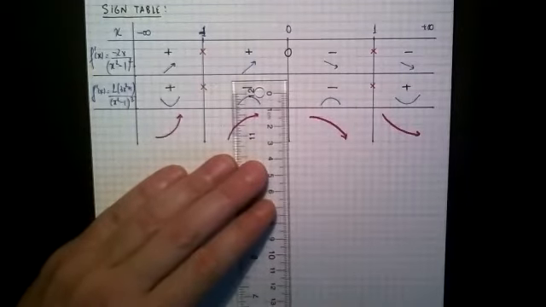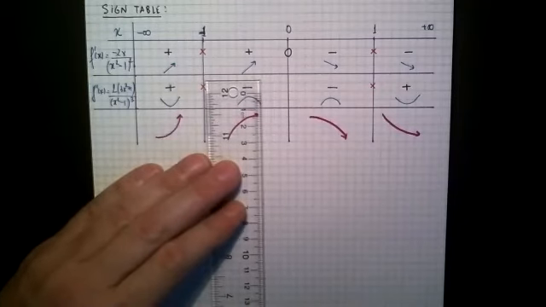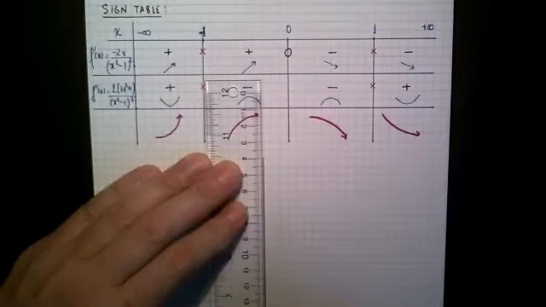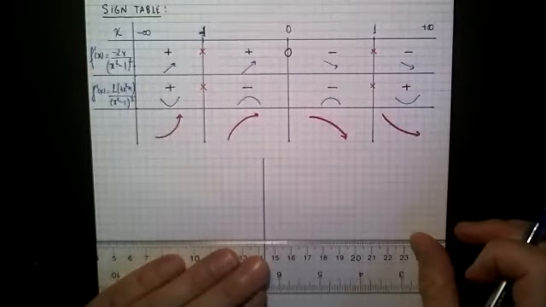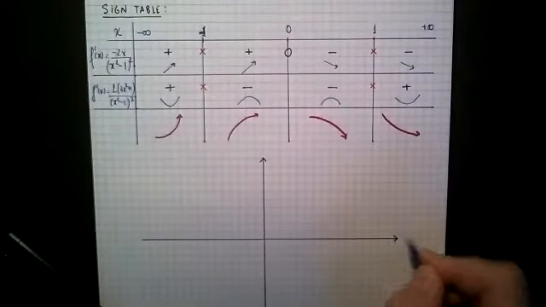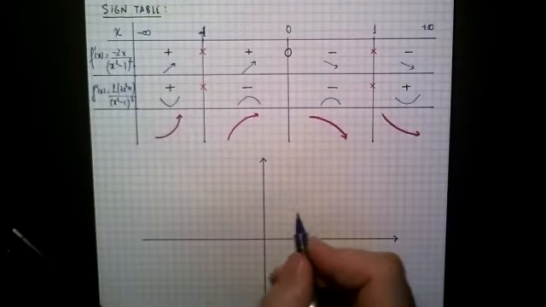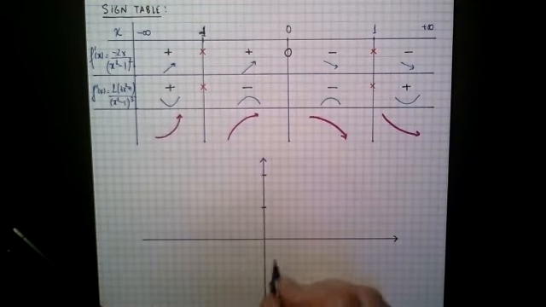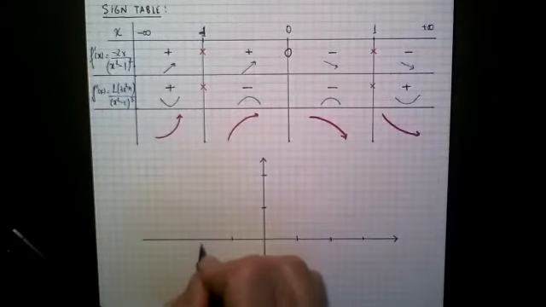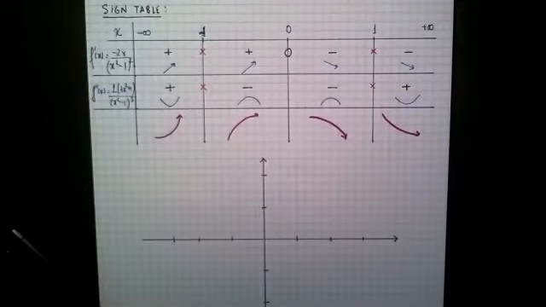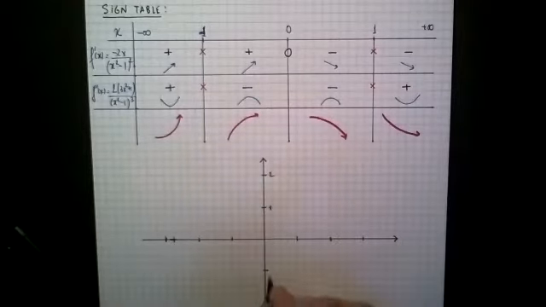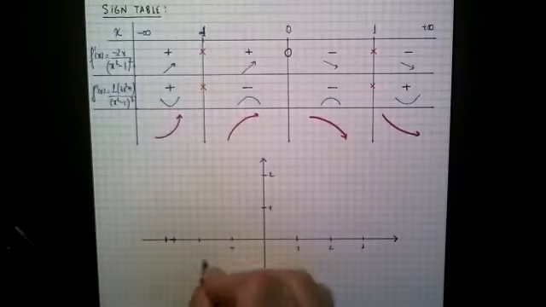Okay, let's draw. 1, 2, minus 1, minus 2, 1, 2, 3, minus 1, minus 2.